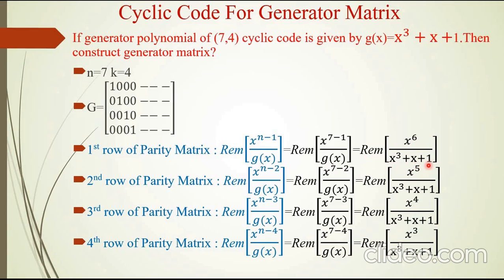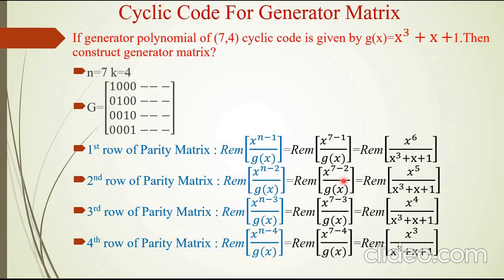So let us mention first all the rows, then we calculate all those remainders. So this is for the first row. And now for the second row of parity matrix, the formula is remainder of x to the power n minus 2 divided by g(x), where n is 7.